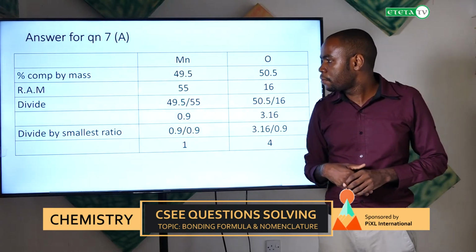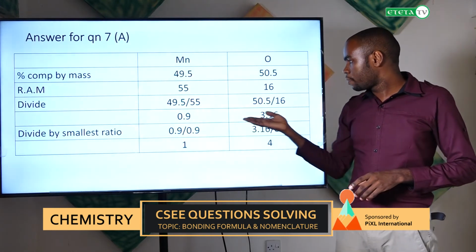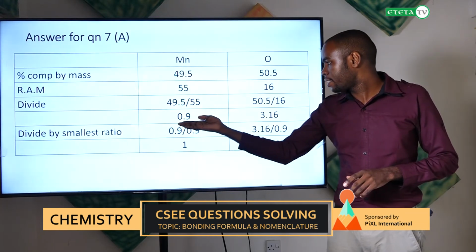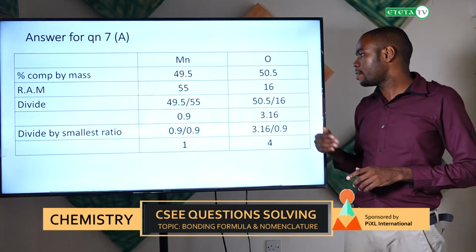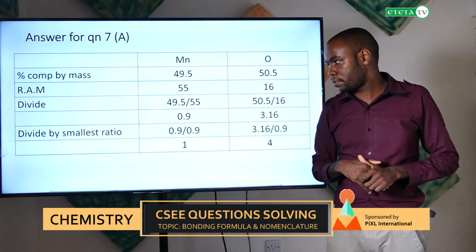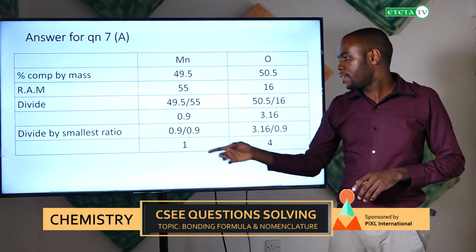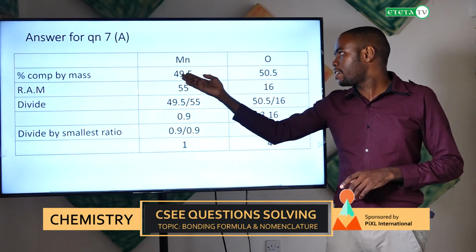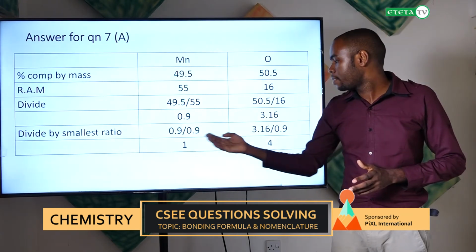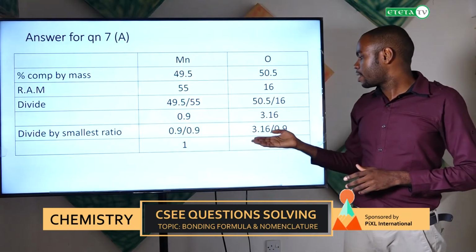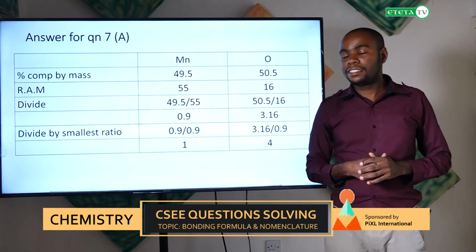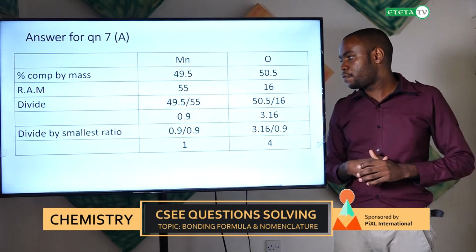Now you have to divide all of these values by the smallest one. Here, between 0.9 and 3.16, 0.9 is the smallest. So you take 0.9 for manganese, then you divide by 0.9, which is equal to 1. Then for oxygen, you take 3.16, then you divide by 0.9, which is equal to 4.